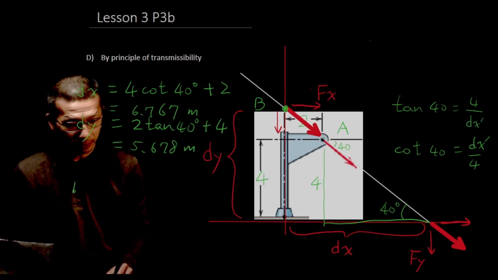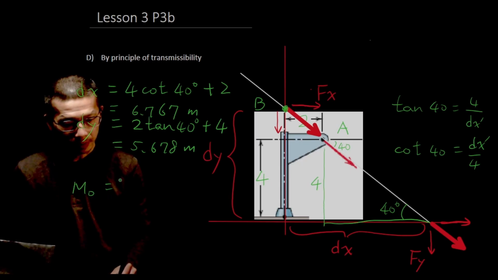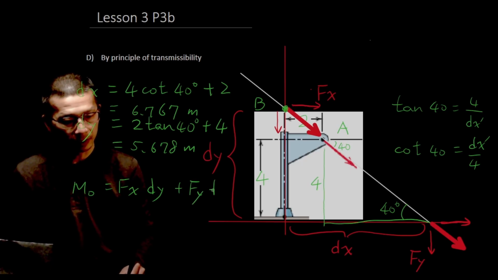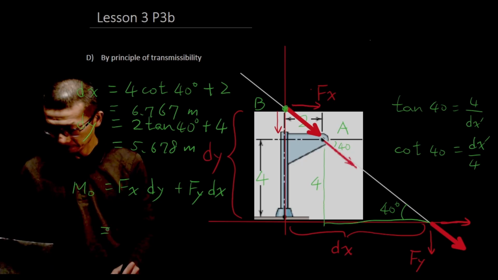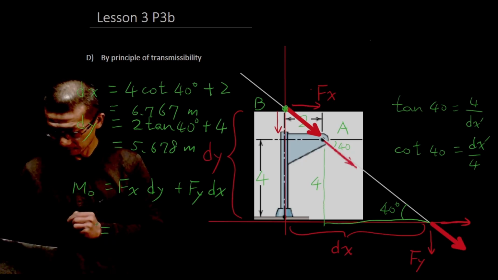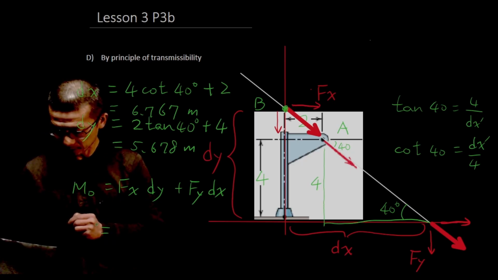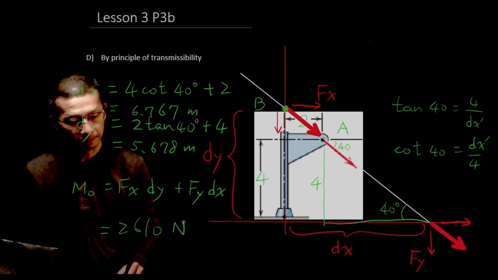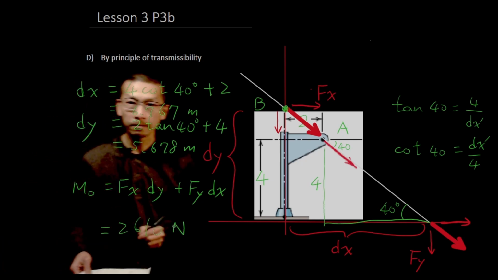So now we can write our moment. Our Fx times dy plus Fy times dx. Okay, so it's 2610 again, of course. Okay.